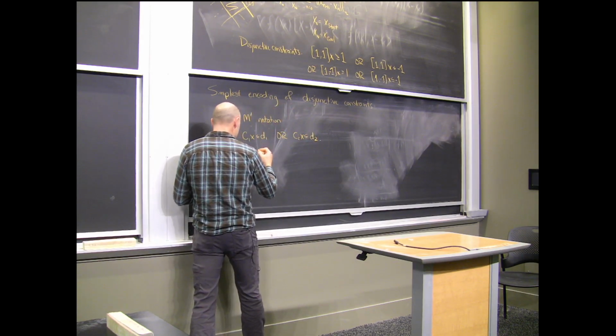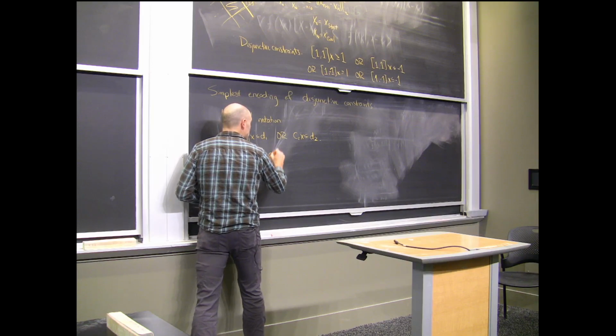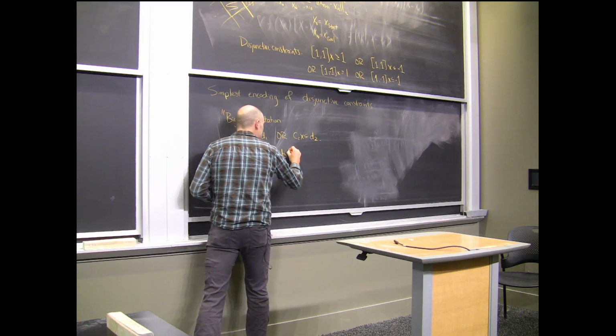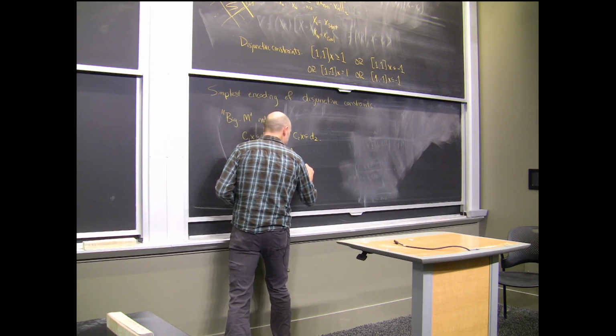Then I could write this with a big M notation as C1 of x less than or equal to D1 plus B times M, where B is a new decision variable, I'll call it B1 here.